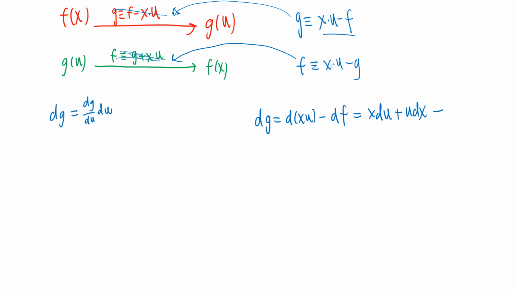By definition, df can be written as df/dx times dx. And remember, we call df/dx as u. Therefore, df is also u dx. So then dg would be just x du.